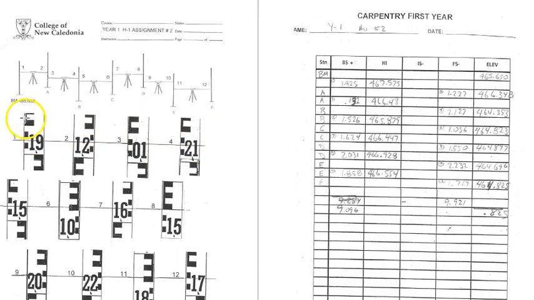My advice is to write down all the rod readings before you even attempt this sheet. Once you do, use this as a guide to fill out the sheet. Start with a benchmark, moving forward through the stations. I hope this video helps walk you through these sheets.